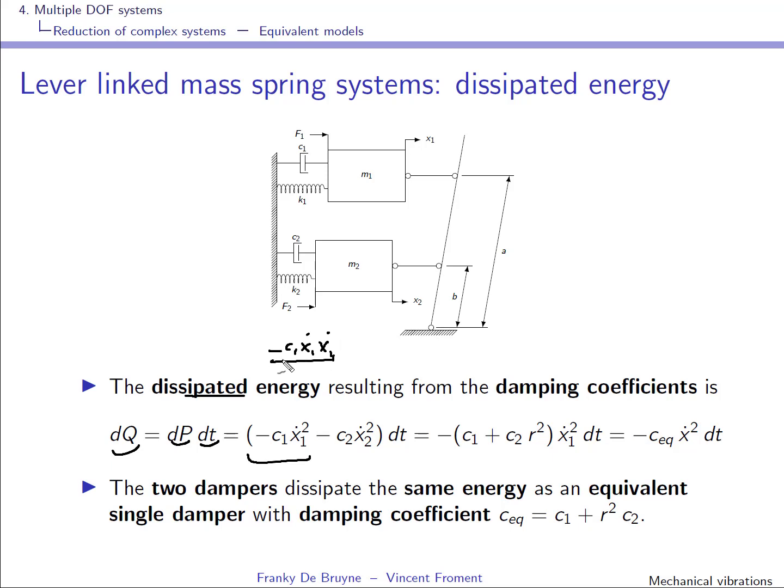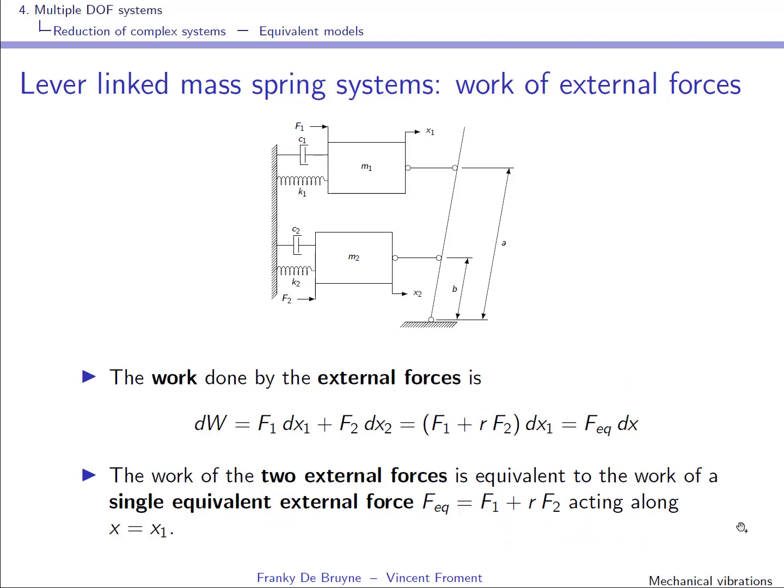So this gives us this term over here, and we have something similar for the second system. Since x2 is equal to r x1, obviously we also have x2 dot equal to r x1 dot. We plug that in here and we arrive at this equation, and we can write an equivalent damping coefficient. So the two dampers dissipate the same energy as an equivalent single damper with a damping coefficient given by this expression.